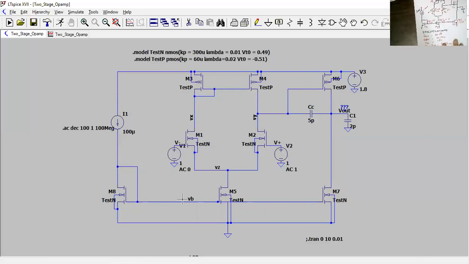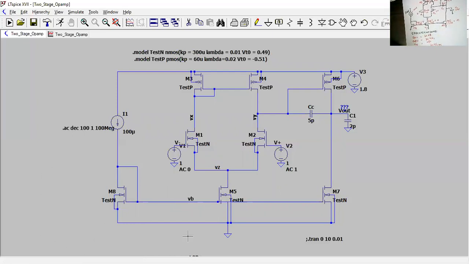Since M8 and M5 have the exact same ratio of W over L, we should expect that they will have the same amount of current. So we have 100 microamp here, and we should expect to have another 100 microamp here. While M7, since its W over L is smaller, we expect it to carry a smaller current.